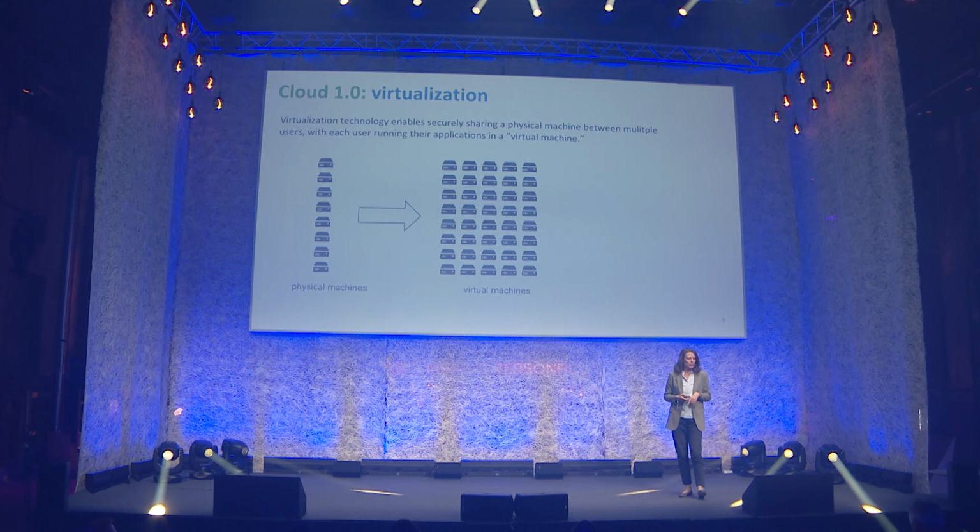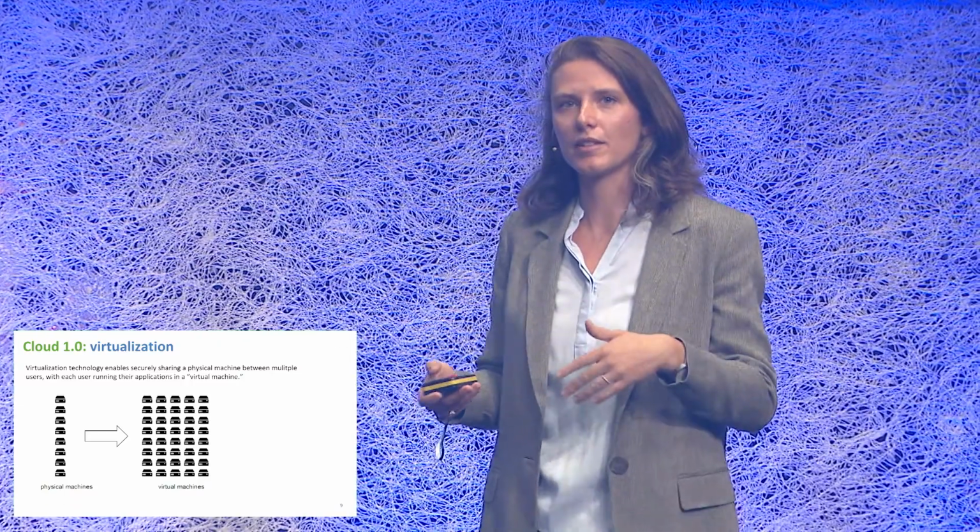The actual technology, or one key part of the technology powering the cloud, is virtualization. These cloud facilities have tens of thousands of physical machines. These are servers with some amount of CPU, memory, and storage. And virtualization is the technology that allows us to make a single physical machine exposed to users as multiple virtual machines. This is powerful because we can share resources more efficiently.